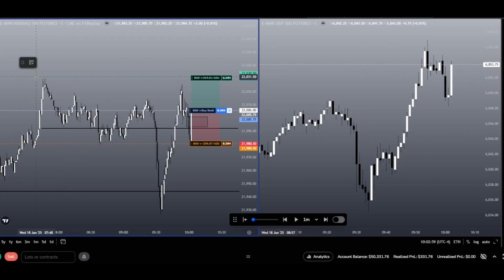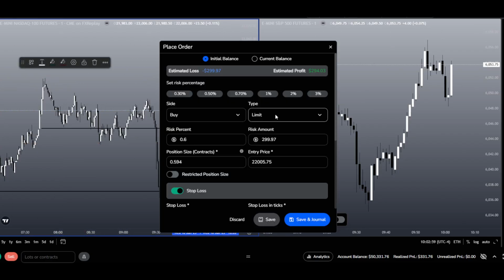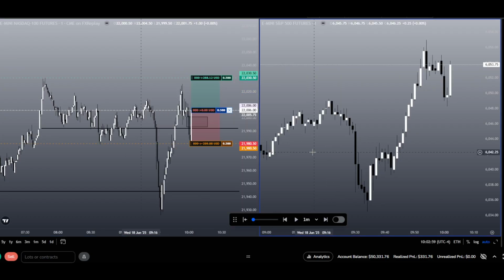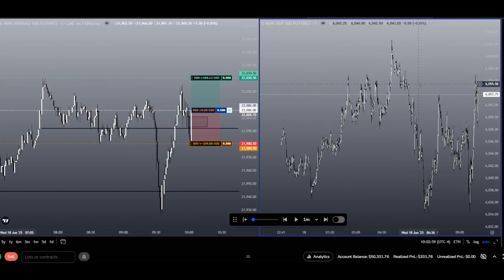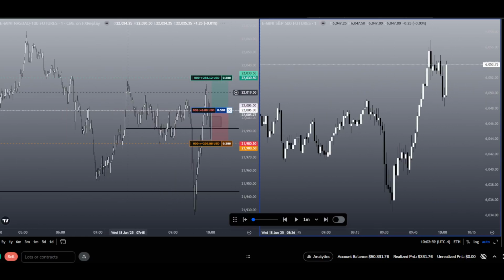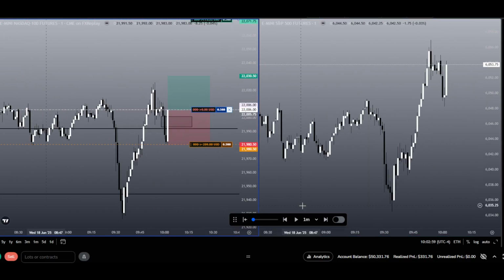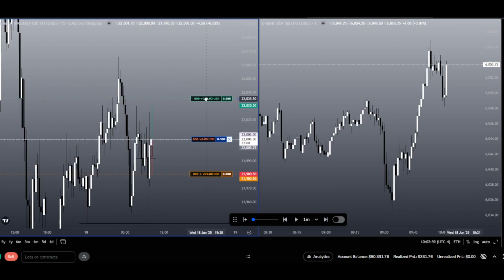We left buy side intact. I don't think there's like an SMT. Yeah. I don't know, actually there is an SMT, but it's fine. I would still take this. So yeah, I'd probably be all out here.